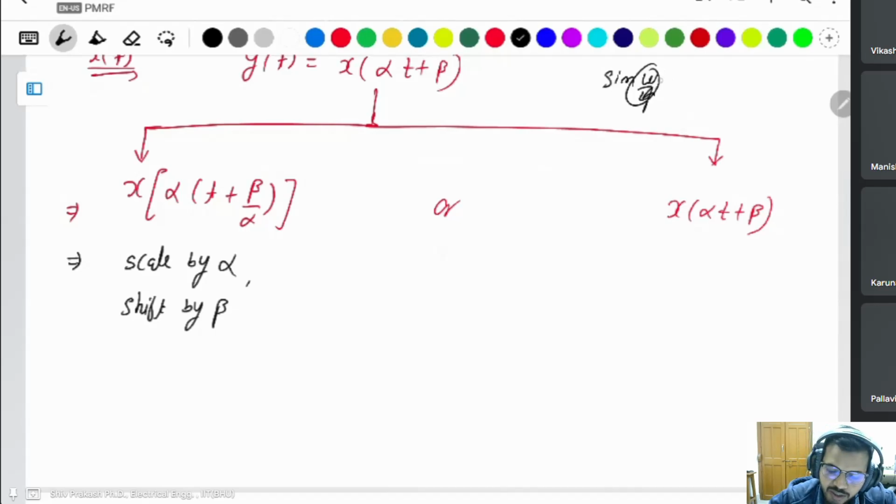Same thing here: if there is any multiplication in the t, the signal will expand or compress. The width will be changed along the x-axis, expanding or compressing depending on the value of alpha.